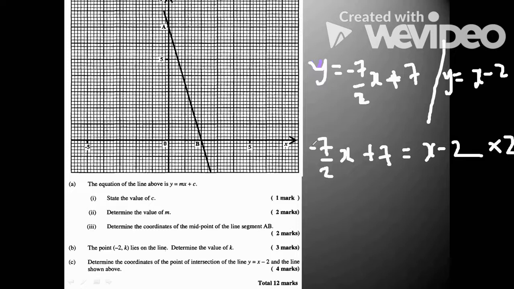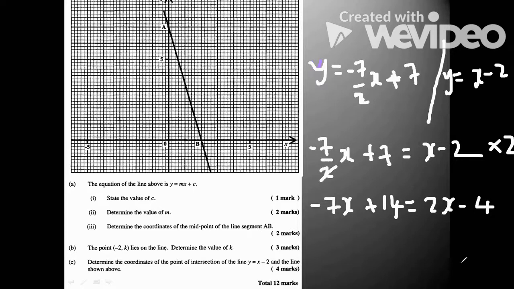So 2 times negative 7 over 2, this 2 and this 2 will cancel, leaving us negative 7x. 7 2s, 14. 2 times x, 2x. 2 times negative 2 is negative 4. So we need to find x.